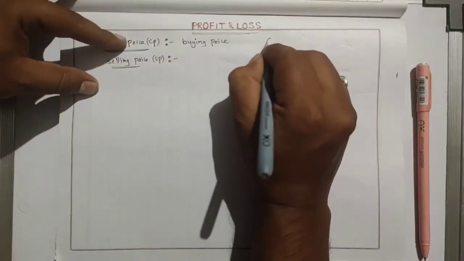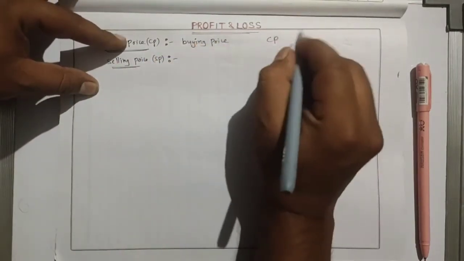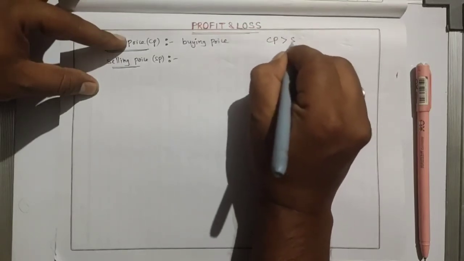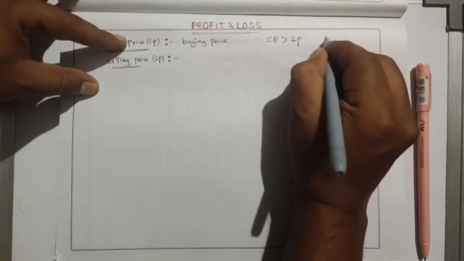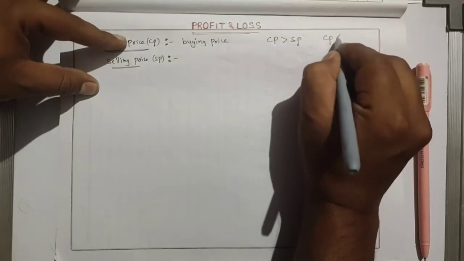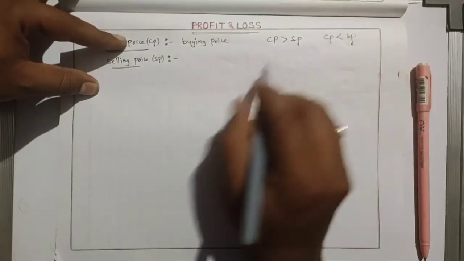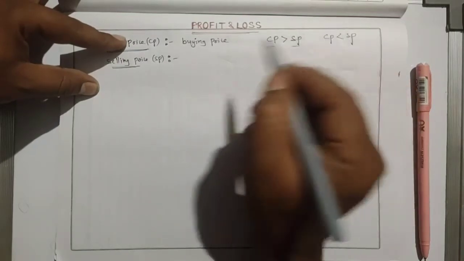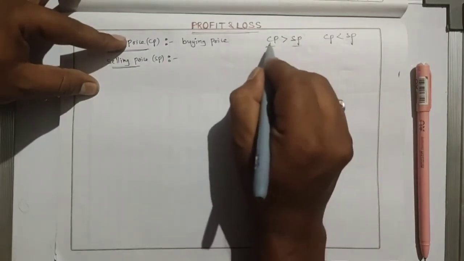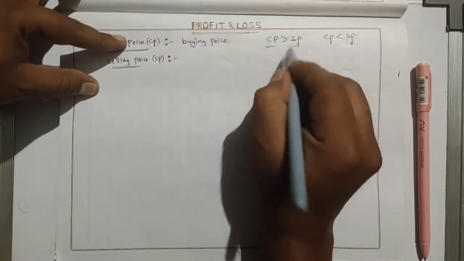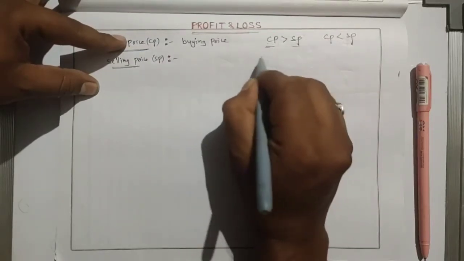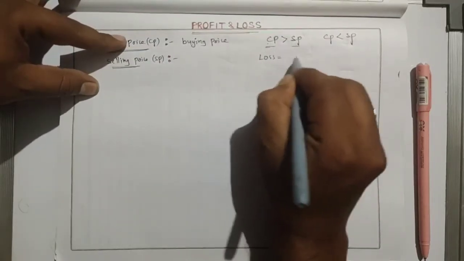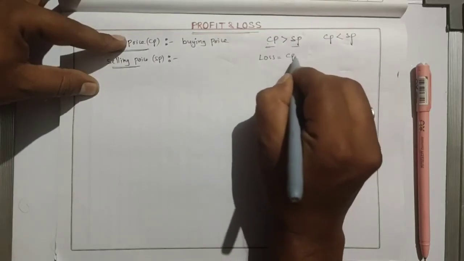If the cost price is more than the selling price, that is, if you buy for more cost and sell for less cost, we obviously get the loss. Therefore, if CP is more than SP, we get the loss only.